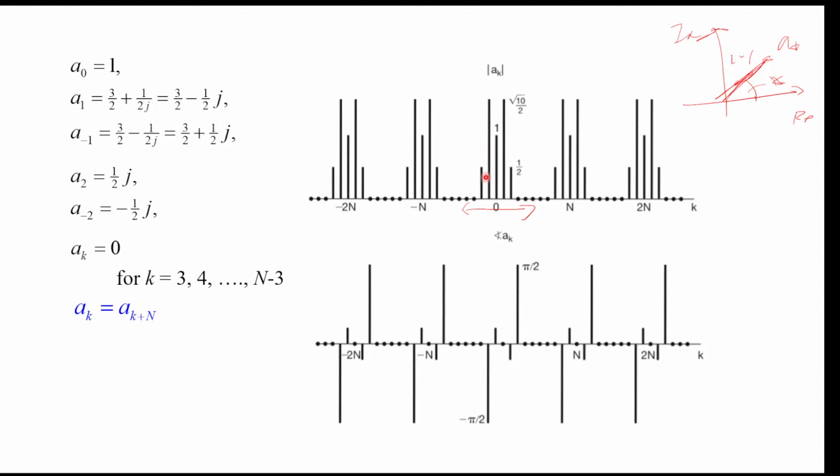And you see we have 1, 2, 3, 4, 5 non-zero amplitudes, and for a0 the angle is 0, but for a1 and a minus 1 you have an angle, and for a2 and a minus 2 you have an angle. And it's periodic with period big N. Here we have a pretty large big N, maybe 10.